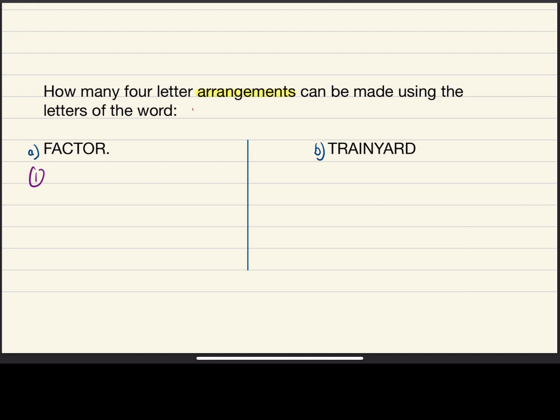In this case, every letter is an object. So we have 1, 2, 3, 4, 5, 6 objects. And as the problem suggests, we are choosing 4 of them. So this is the r in the formula, and this would be the n.